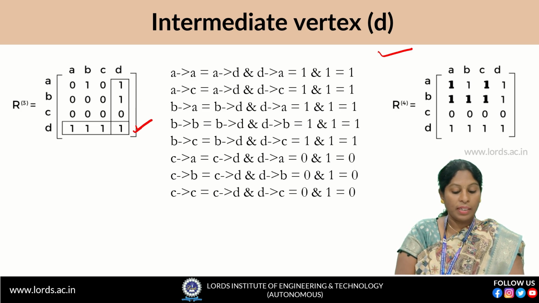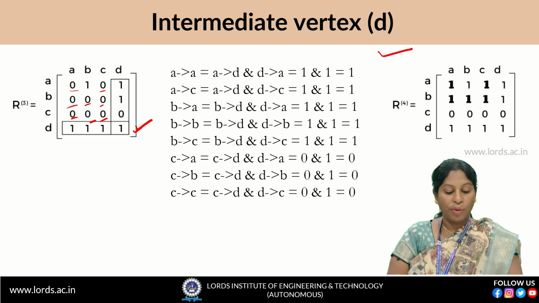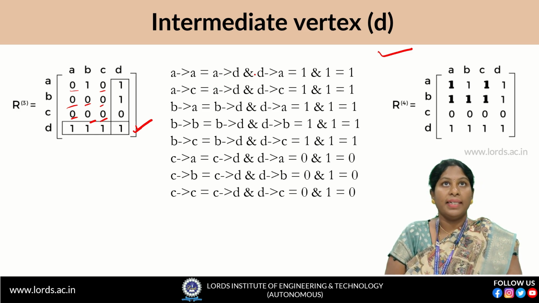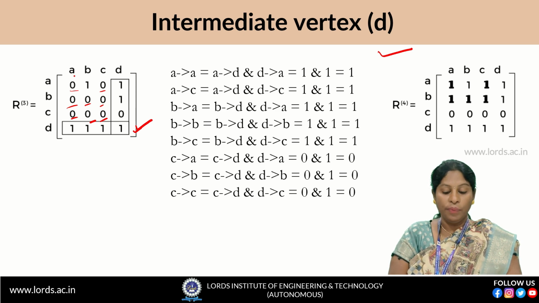So wherever the zeros are there, we need to convert that into a transitive closure by providing the intermediate vertex D. So here we are finding for A to A is 0. So A to D and D to A. So what is that A to D? A to D is 1 and D to A is 1.